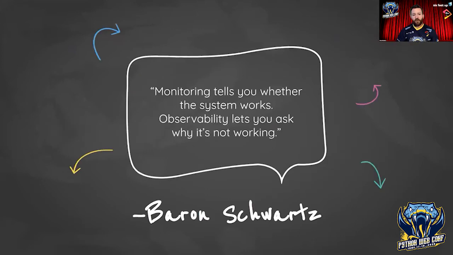I like this quote from Baron that talks about how monitoring basically tells you how the system is behaving because you have configured it based on things that you know indicate problems. Usually this is past experience or maybe best practices, but it's known ahead of time that if the system behaves this way, you should be notified about it so you can go fix it.